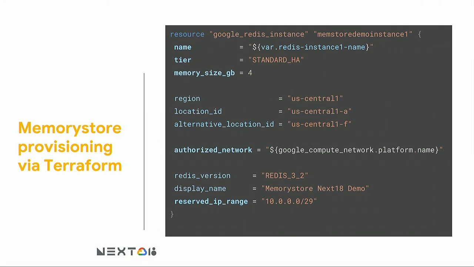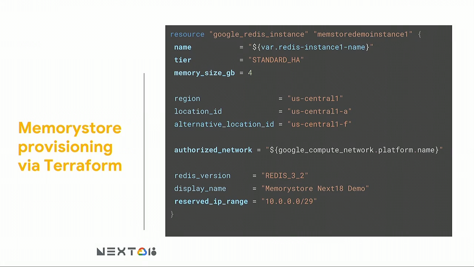On the Terraform side, this is something that our product teams have been really good at. Every time we release a product, we ensure that there's Deployment Manager support as well as Terraform support. In this case, it's fairly straightforward to declaratively define our Redis instance, our Memorystore instance.